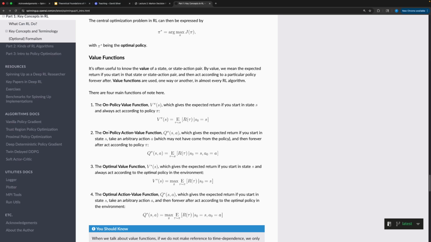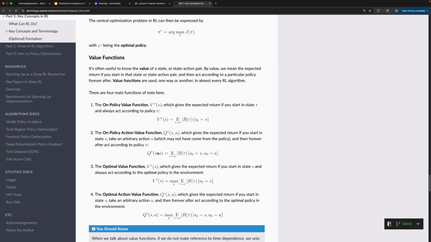There's another important function called the action value function. It's represented by q pi of s, a. It is something similar, but it gives you the expected returns if you start from a state s and take an action a, and from there on you continue taking actions based on your policy pi.